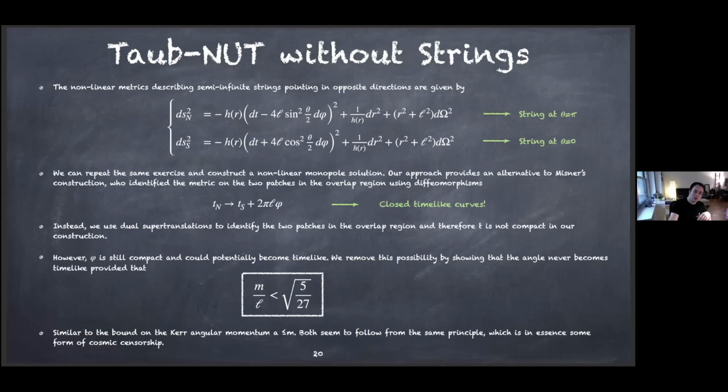Oh, the issue here is more severe because in the construction of Misner, Misner tried to avoid the string singularity, but the price he had to pay is the appearance of closed timelike curves. In gauge theory, we don't have this problem. We can have closed trajectories in gauge space. That's not a problem.